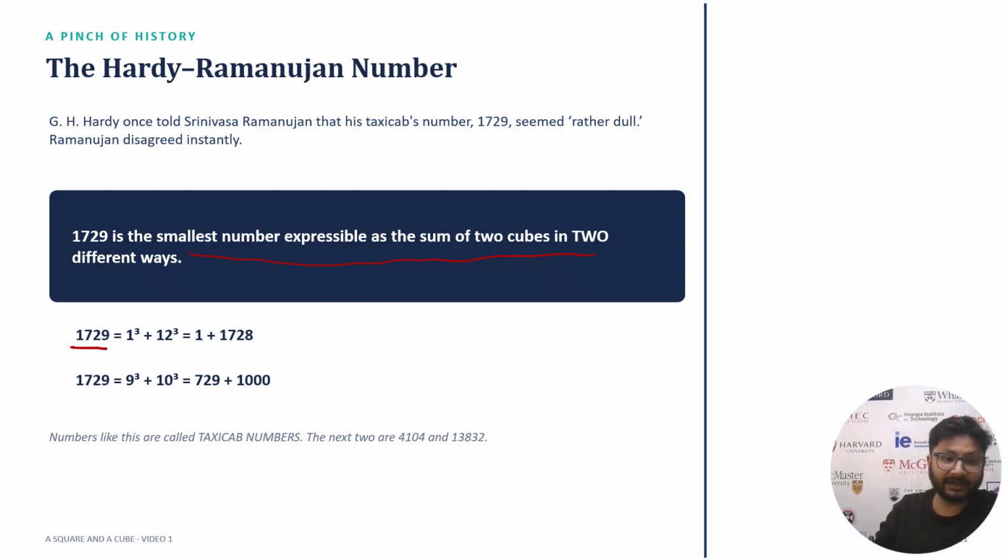So basically 1729 is 1 cube plus 12 cube, and also 9 cube plus 10 cube. So 1 cube is 1, 12 cube is 1728. Similarly, 9 cube is 729, and 10 cube is 1000. So when G.H. Hardy told Ramanujan that this was the taxi cab number, it clicked to Ramanujan that this was something astonishing. So that's why this is called the Hardy Ramanujan number 1729. Please remember, it can come handy.